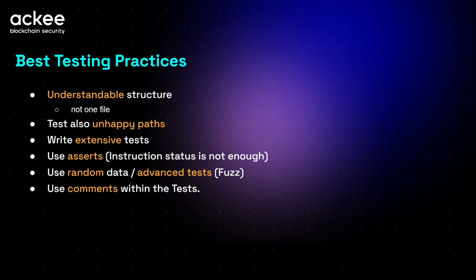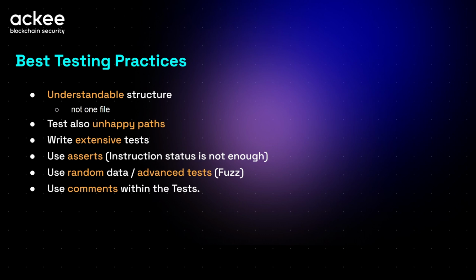Let's say again, if your instruction expects one data input, in this case an unsigned 64-bit integer, you do not test only one value, but you also test boundary values. If it's unsigned, then 0 and the unsigned 64 max value, then also random values from the middle, and so on.